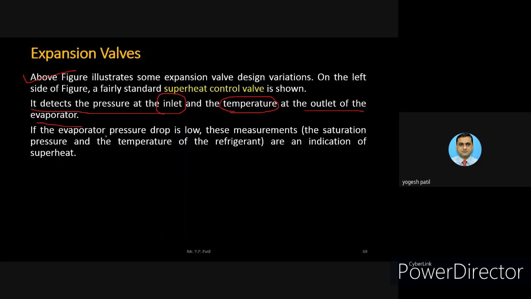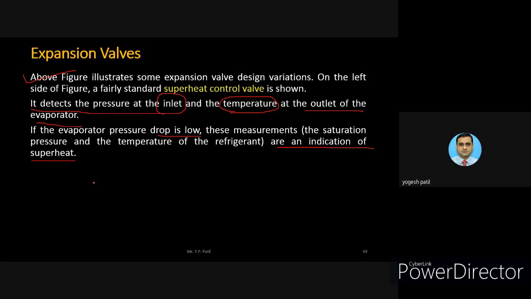If the evaporator pressure drop is low, these measurements are an indication of the superheat. This arrangement is connected to the controller and the measurement part is also implemented there, so they continuously detect the pressure drop.